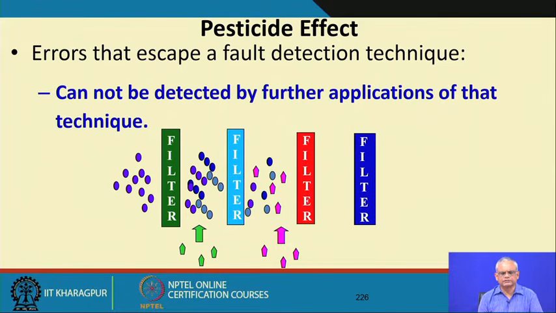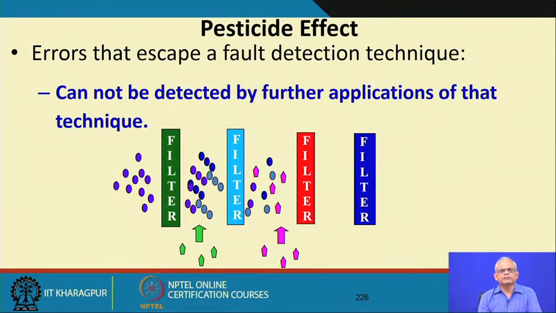We can state by saying that errors that escape a fault detection technique cannot be detected by further applications of that technique. What it means is that we have many types of testing technique, dozens of testing techniques. We will see some of those, maybe we will look at a dozen, but then there are several dozens of testing techniques.